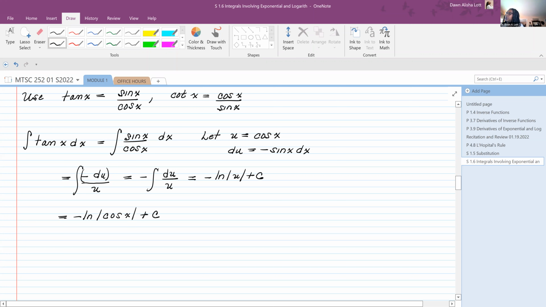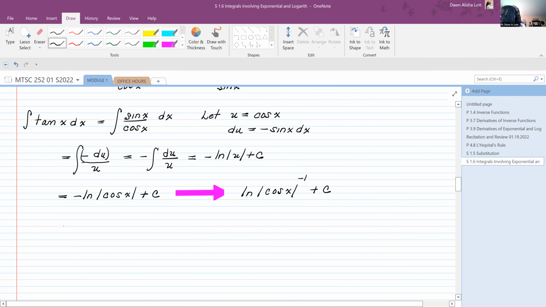Now, we usually change this because you know how cosine and sine run together, they're partners. We usually take the negative and write this as the log of the absolute value of cosine of x raised to the -1 power. But that's secant.